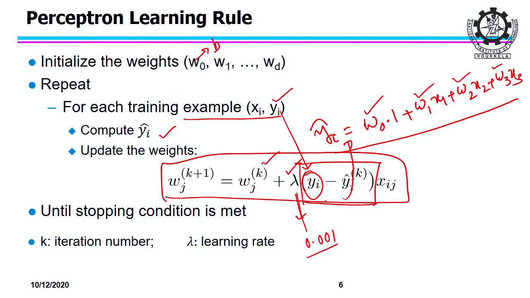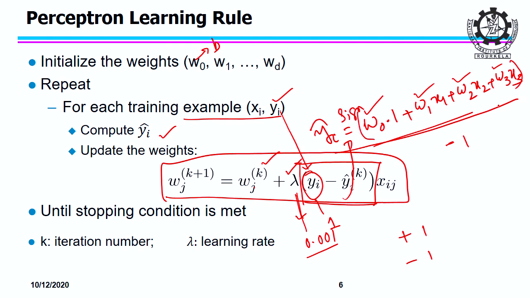Now, if let us say y i is positive and y i bar is negative, that is also wrong, because what we say is we should have the value plus 1 or minus 1. Now, the actual y i value is positive, that is 1, and y i bar after computing this we are getting a negative value, because y i bar is not only this, we have a sign function, that is sig.